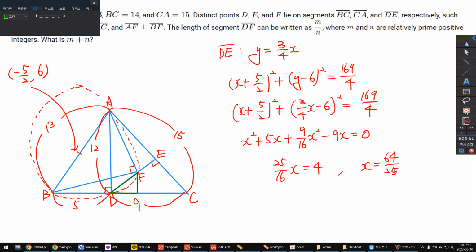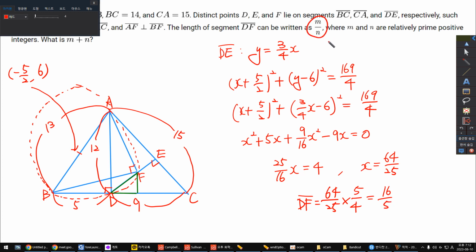So that means the length of DF is this x coordinate times 5 over 4. So if we simplify this, that's the length of DF.